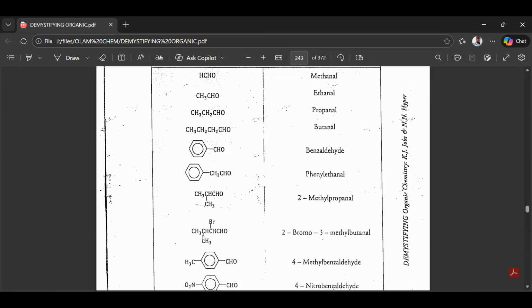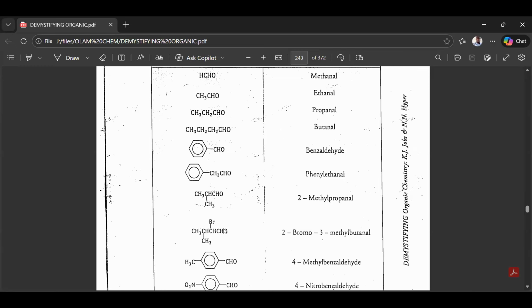But where are they attached? The bromide atom is attached to carbon atom 2, because we are counting as we are moving from where there is the functional group of aldehydes, because we are supposed to give the aldehyde group position 1, since it is the owner of this compound.